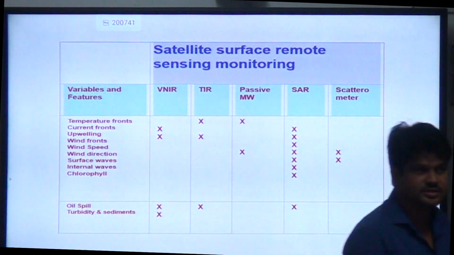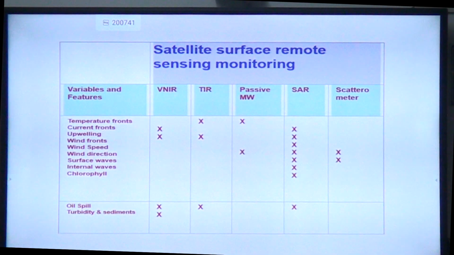Passive microwave means, who knows about the difference between passive and active microwave? Passive microwave means it doesn't have its own source of energy. So it relies on the natural environment, the way each object on the surface of the earth is emitting.